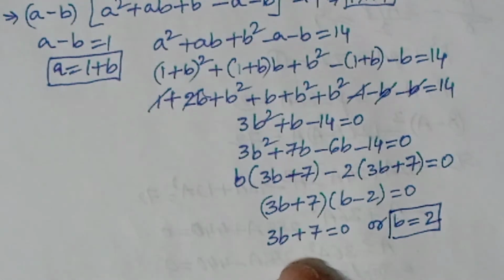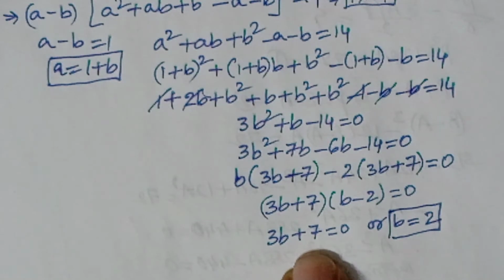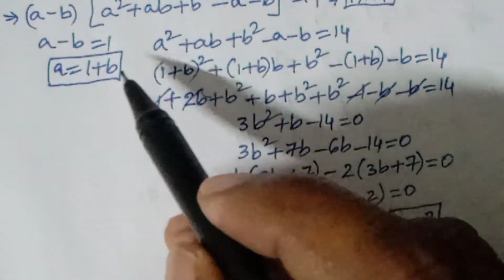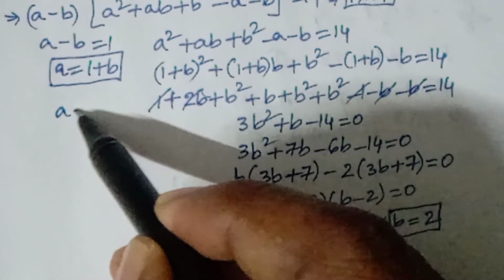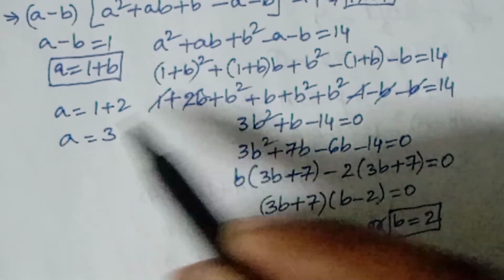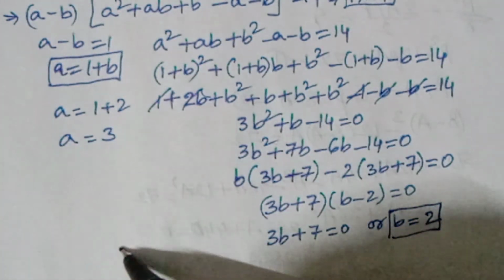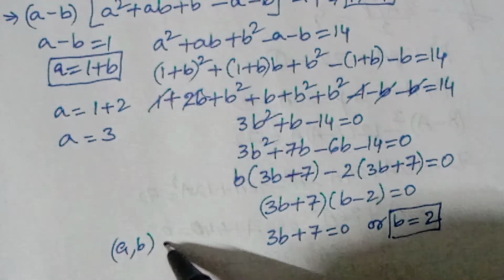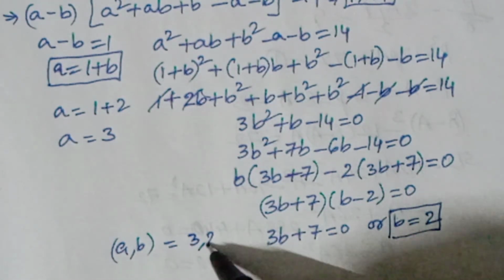The other b value is minus 7 by 3, and this is not an integer. So if you replace this b value here, a value is 1 plus 2, a value will be 3. Now the value of a comma b is 3 comma 2.